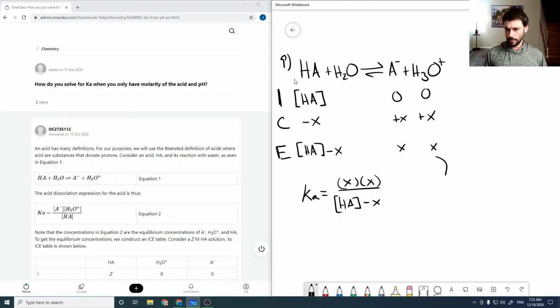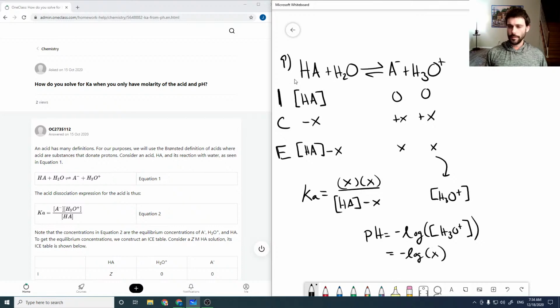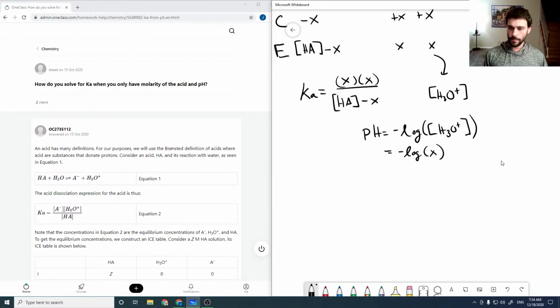But now if we look, that's our concentration of H3O plus at equilibrium. And our pH is the negative logarithm of our H3O plus concentration, which is just our X value. So it's the negative logarithm of our X value, which means that our X value is related to our pH as 10 to the minus pH.